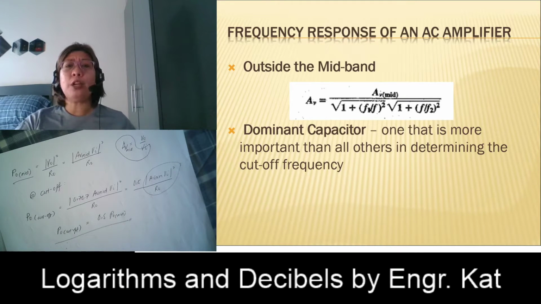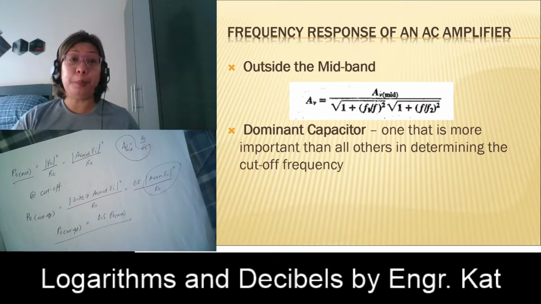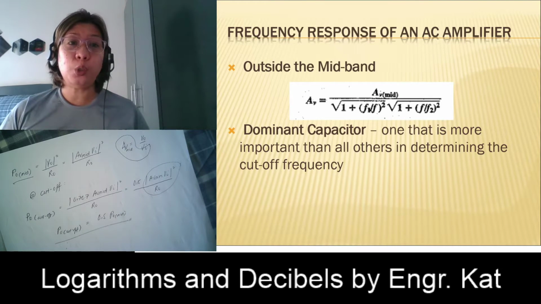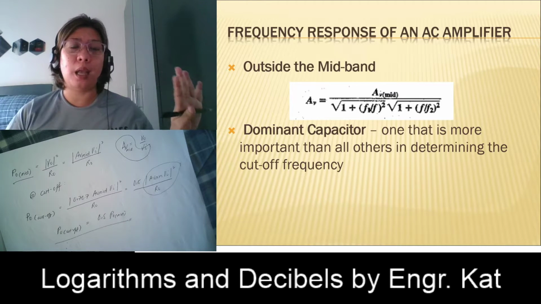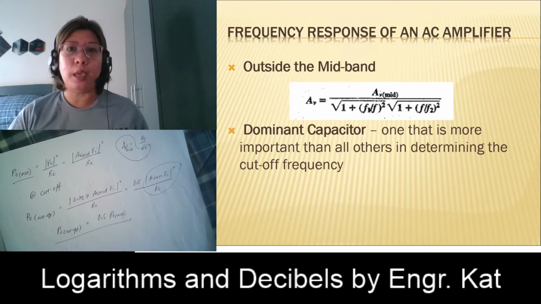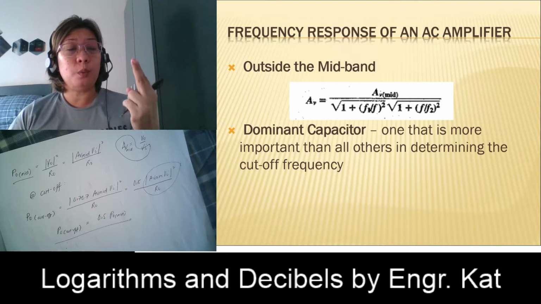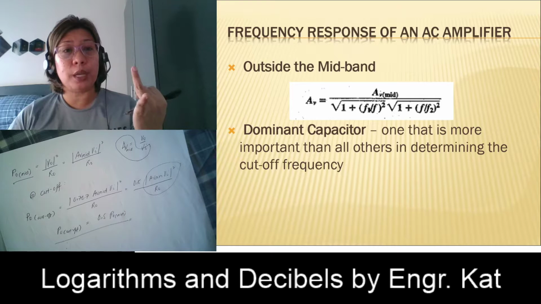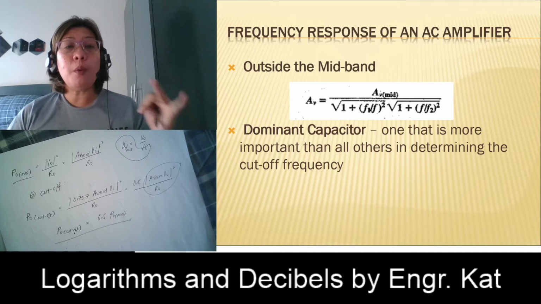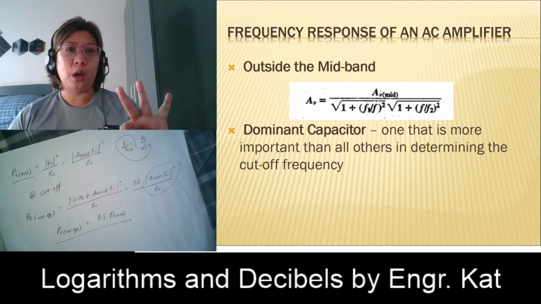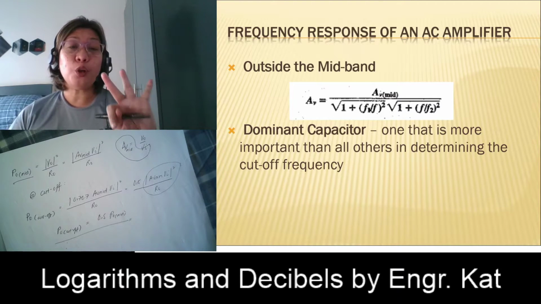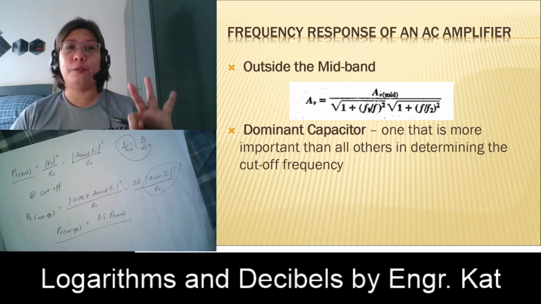Okay, so we have here a term, dominant capacitor. I will be explaining the term dominant capacitor once we discuss each of the capacitors, the bypass and the coupling capacitors. But anyway, among those three capacitors, we have one bypass capacitor and two coupling capacitors. Among the three capacitors, only one capacitor will dictate your low cutoff frequency.